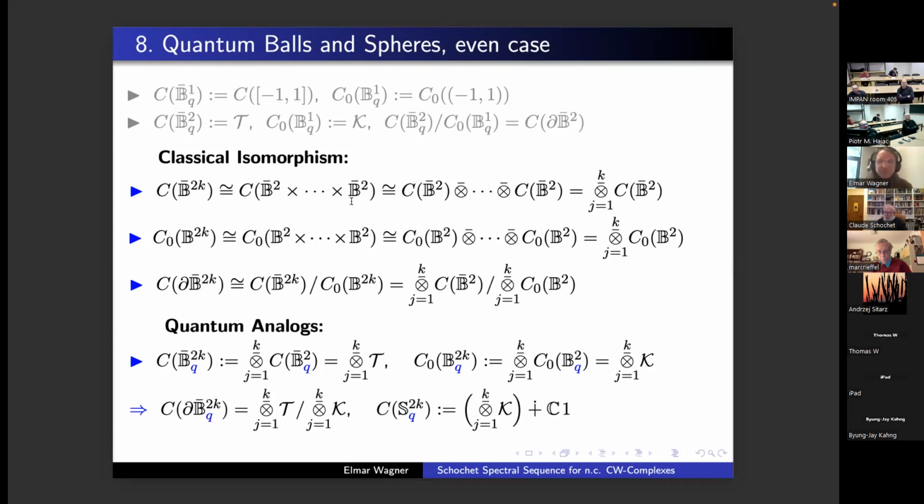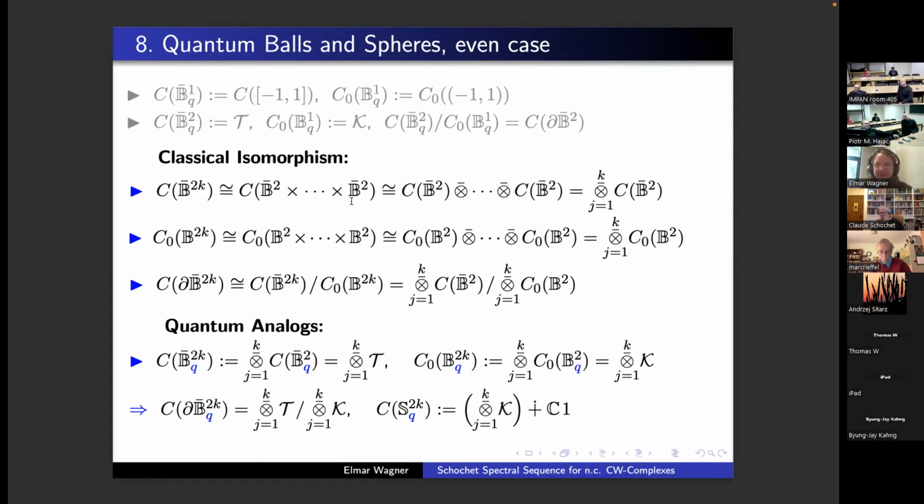Exactly. And will you come to Vaksman-Soibelman balls at a certain moment or not? I took an easy example. The quantum complex projective spaces, because it has, for the spectral sequence, a nice property. You write down the E1 page, then you read off the E2, and then it's stationary.